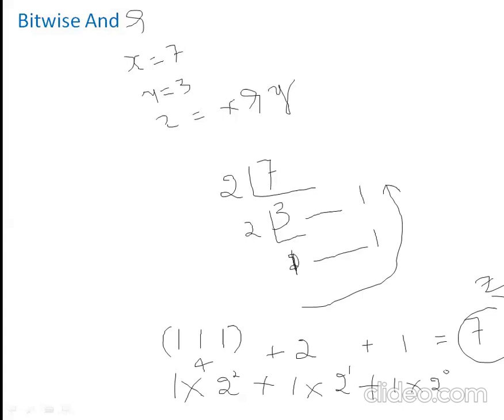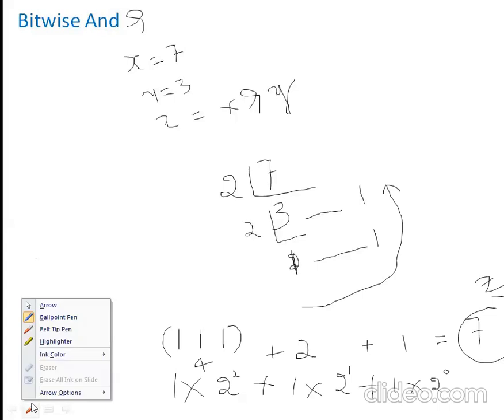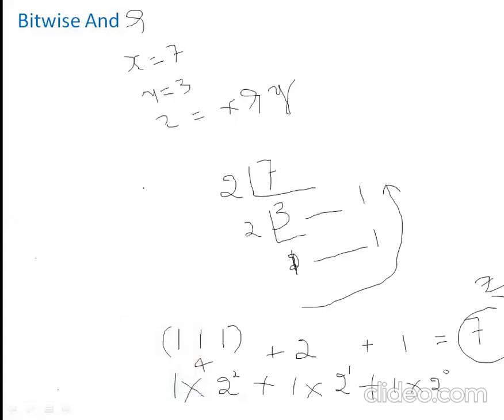Sorry. I have only converted the value of x into binary, right? Yes, sir. Sorry, again the value of y we have to convert into binary. Value of y is how much? 3. So 3 also we need to convert into binary. 2 ones are 2, the remainder is 1, and no more divisible.